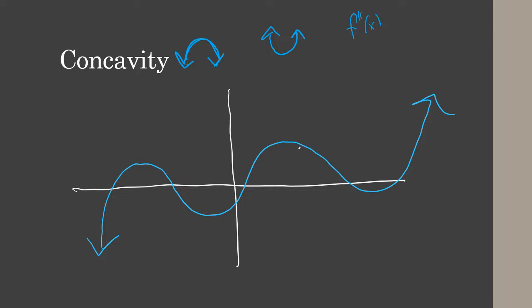When we set that second derivative equal to 0, we get what are called points of inflection. And what happens is we have a point where the slope starts one direction, it kind of stays constant, and then it switches the other direction. And this is called our point of inflection.